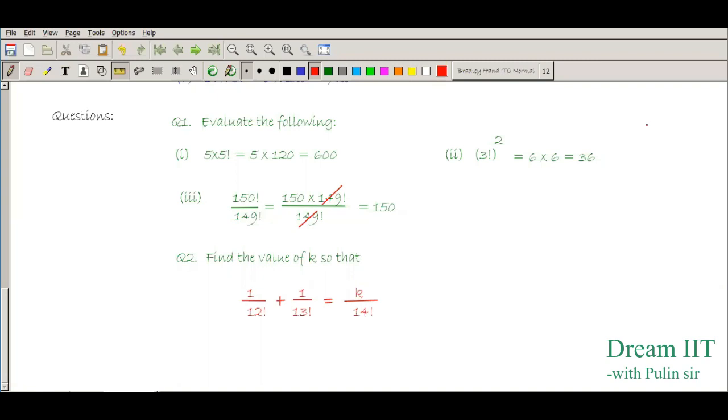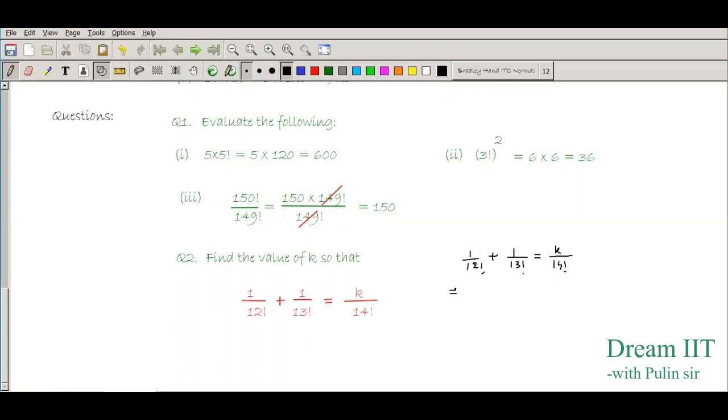So here is the next question. You have to find the value of k so that 1 by 12 factorial plus 1 by 13 factorial equals k by 14 factorial. So here I do the answer by the side of the problem. You see how we'll proceed. It is 1 by 12 factorial, then 1 by 13 factorial equal to k by 14 factorial.